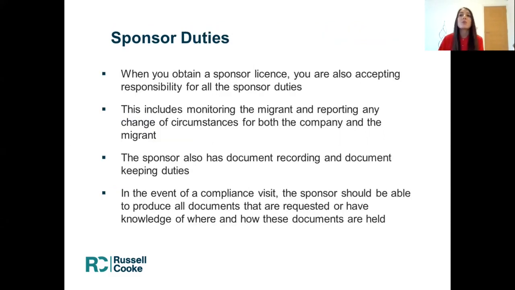So very important to remember, there are certain sponsor duties that you would have to adhere to, and effectively you sign up to it the moment that you are granted your sponsor licence. So a bit of repetition from the slide before, let me emphasize that it will include monitoring the migrant and reporting any changes through the SMS system.